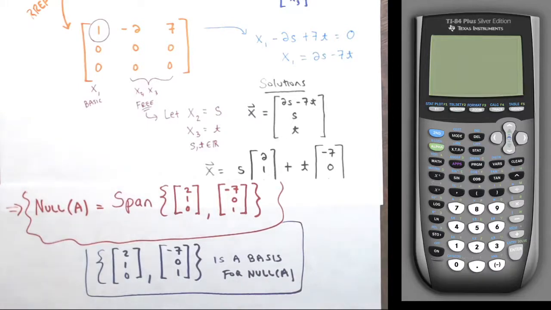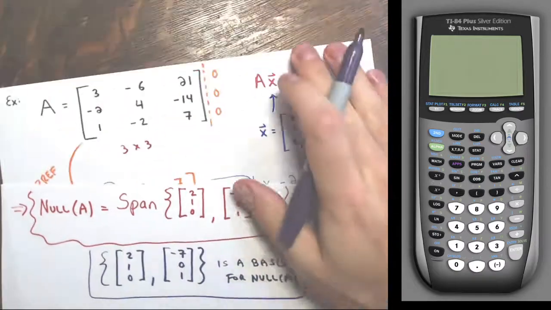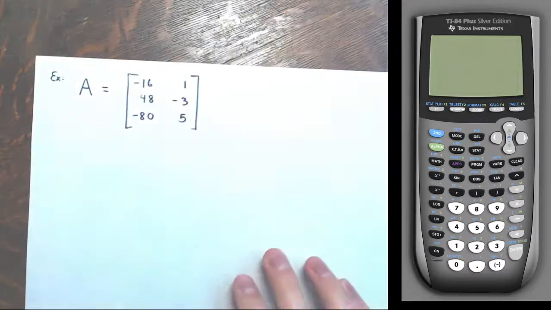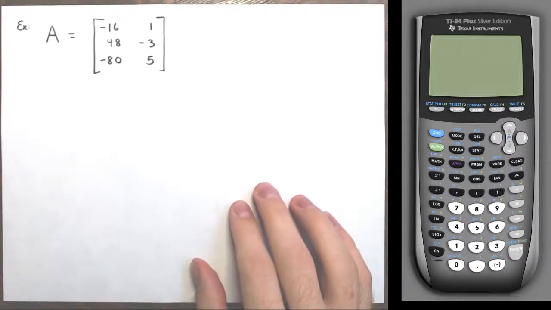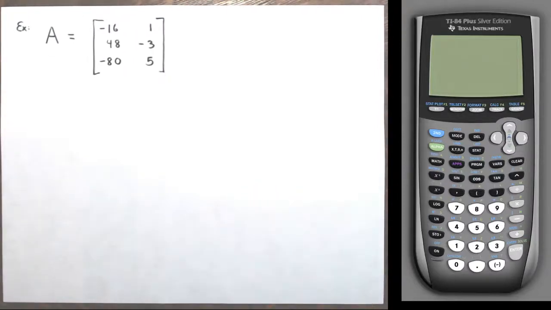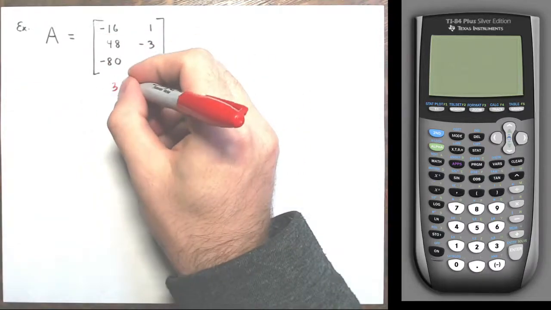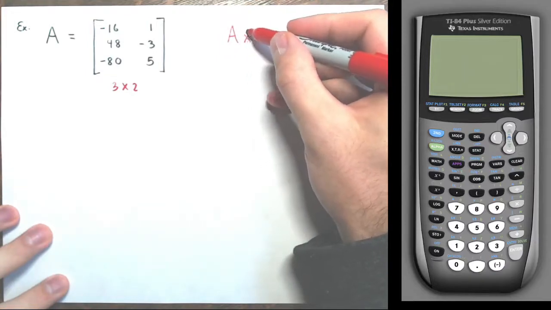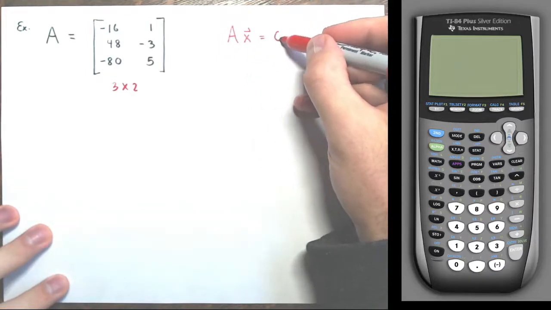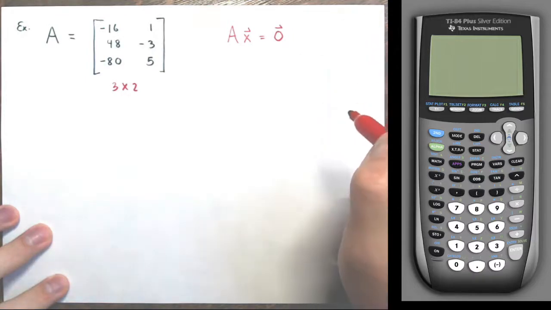Alright, I've got two more here. Next one. This is a 3 by 2 matrix. Okay, so 3 rows, 2 columns. So again, when I look at the equation we're trying to find solutions for when finding the null space, A times x equals 0 here.